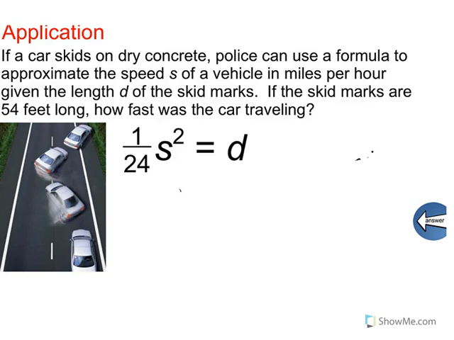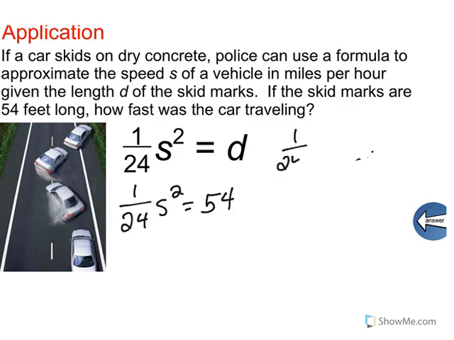So, if the skid marks are 54 feet long, then in the equation, d would be 54. Now, we want to factor this. So when we're factoring this, we want to get everything equal to 0.